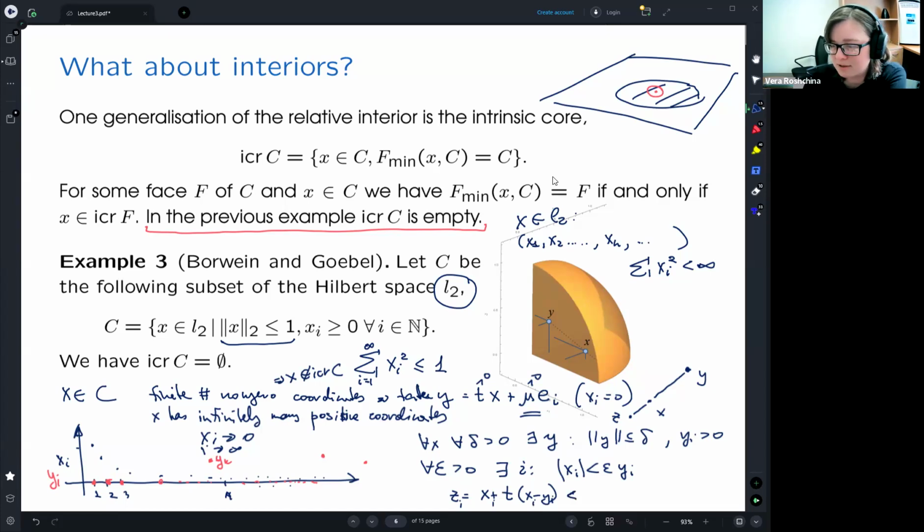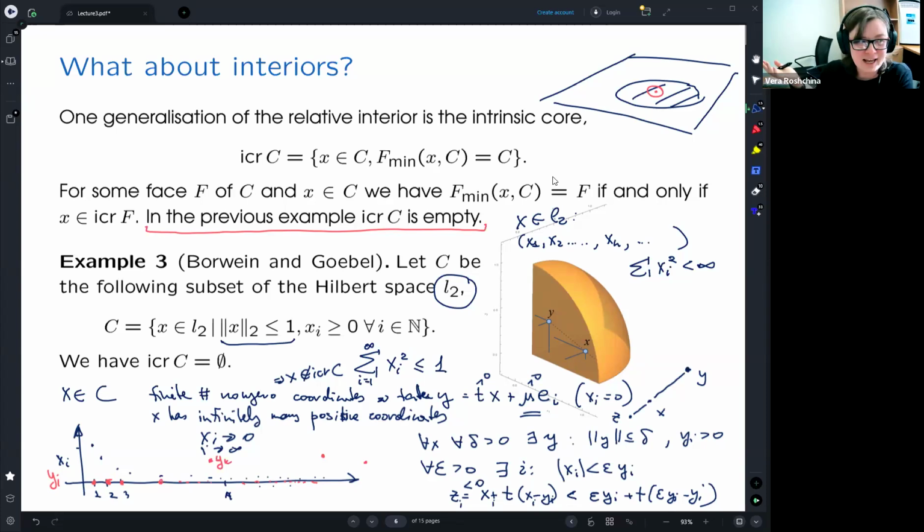For any epsilon I pick, I can find I for which this works. So I will have this as less than epsilon yi plus t, and then epsilon yi minus yi. So of course, no matter how small is my t, I will always find an epsilon that will beat it, and that will make this z less than 0, no matter what t I pick. So I can't actually continue beyond x.